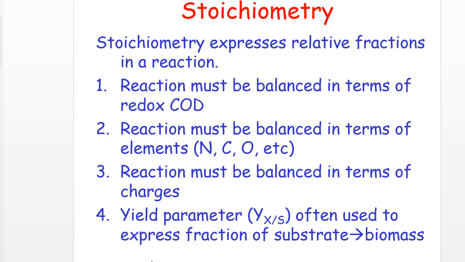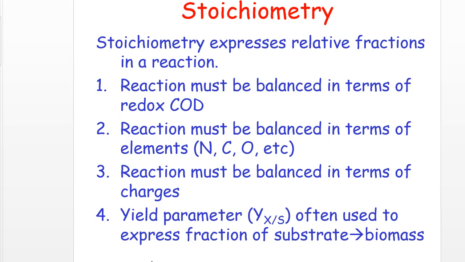If we look a little bit closer at how we do stoichiometry, there are different ways of doing that, but certainly more and more we use chemical oxygen demand as a basis, because that's more or less a direct measure of energy or electron transfer.